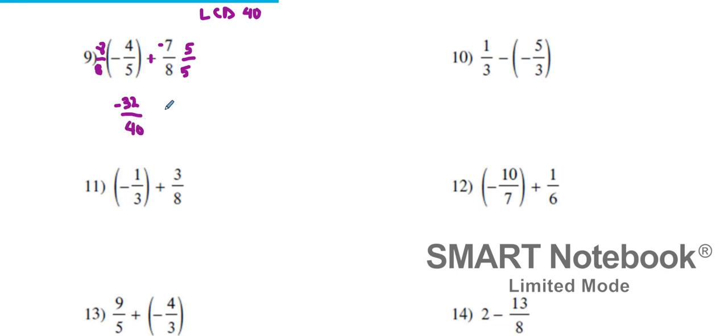Then plus negative 35 over 40. And now we have a common denominator, so we can add them, and we have negative 67 over 40. You can just leave it like that. It doesn't reduce down, so don't write it as 1 and 27/40. That's good.